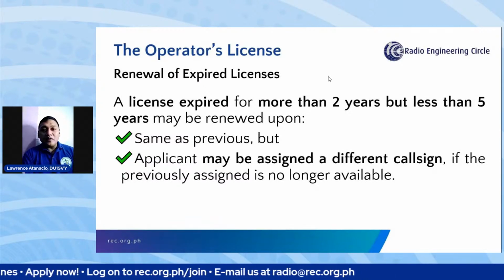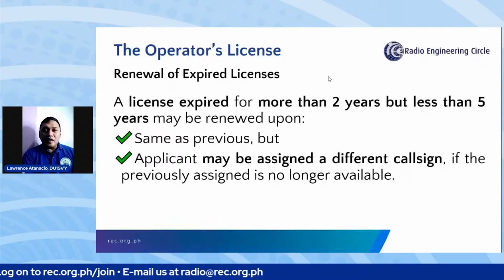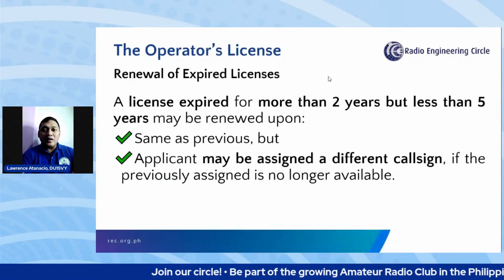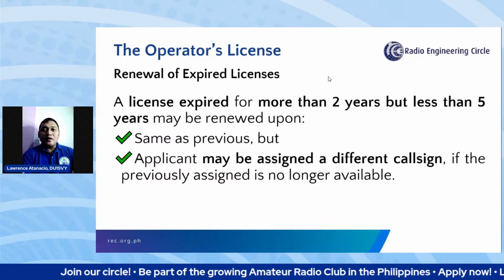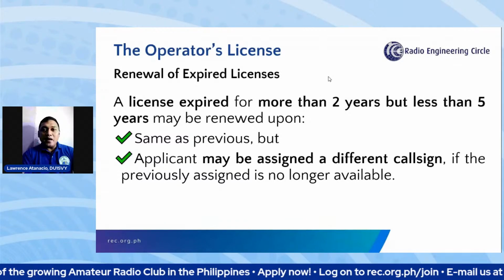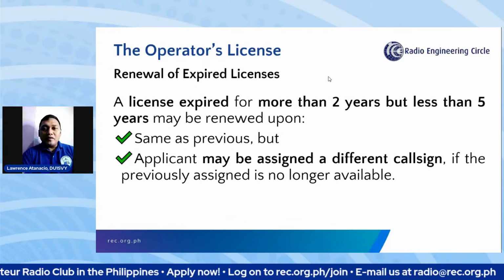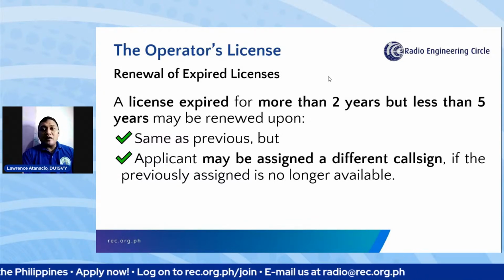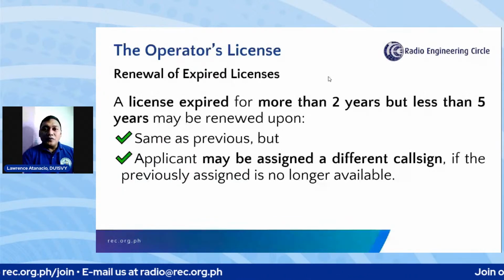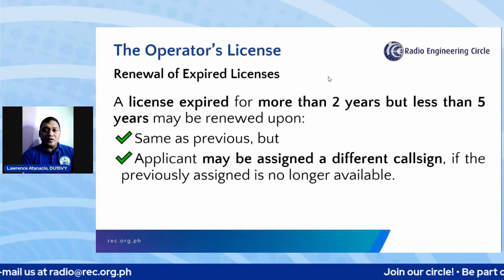So kung 5 years na raw expired yung license mo, maaari ka nang bigyan ng ibang call sign, unless upon verification yung call sign mo ay hindi pa na-assign sa ibang tao, ay maaari mo pa rin gamitin. Pero kung 5 years na nga expired, pwede na siyang ma-assign sa ibang amateur. So, the NTC will issue you a new call sign. Next slide.